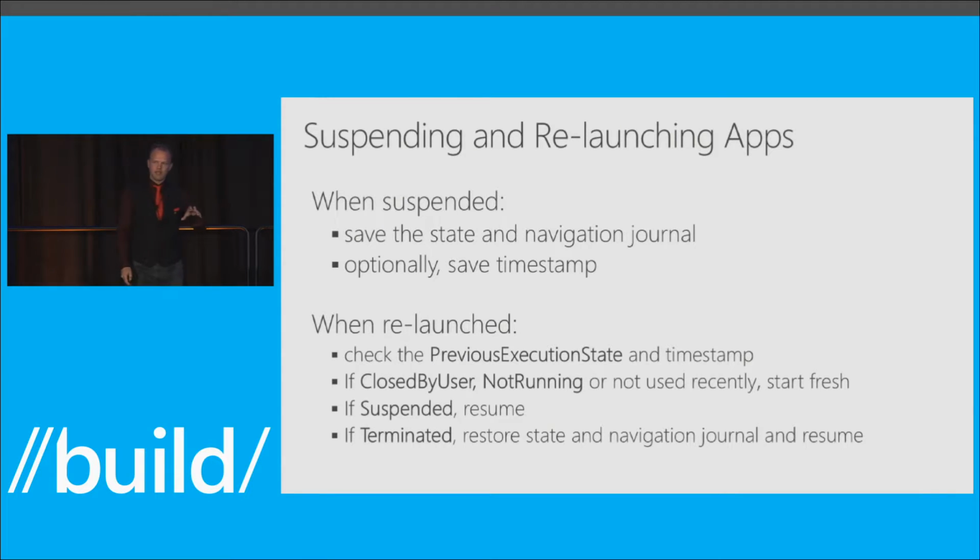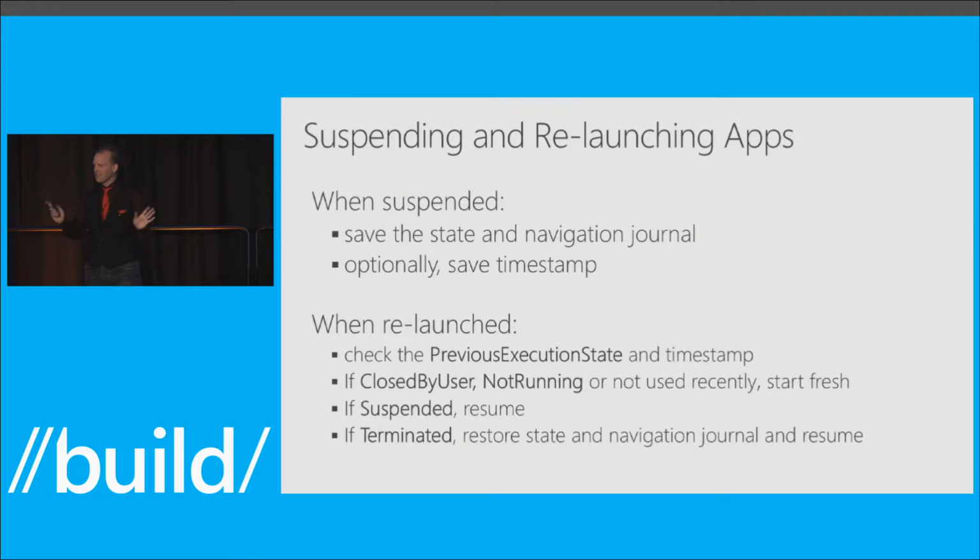Now, not running, that is basically your application has not been started since this instance of the OS started. So basically the phone has been restarted, and you have not been launched since that time 0. Suspended, yeah, you haven't actually been terminated. You are still fresh in memory.